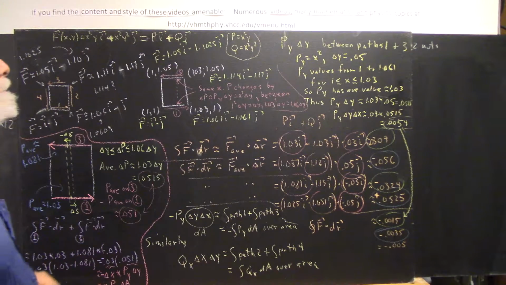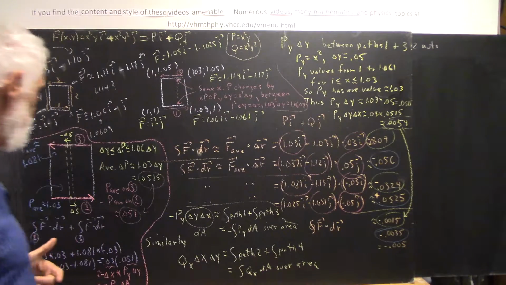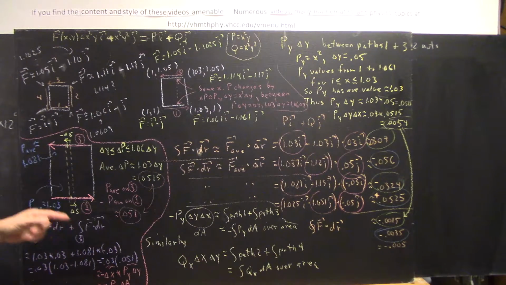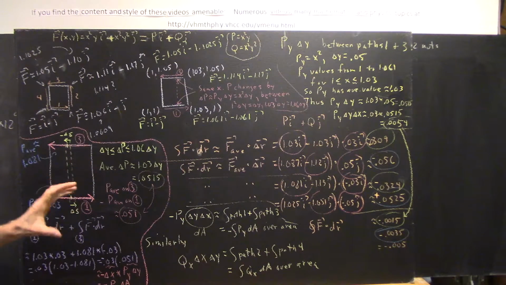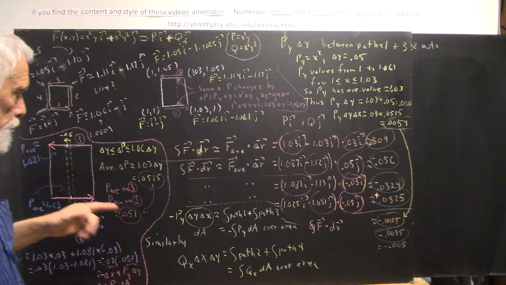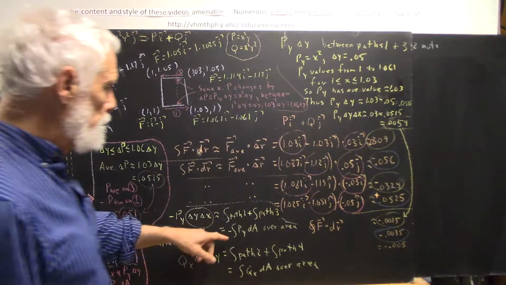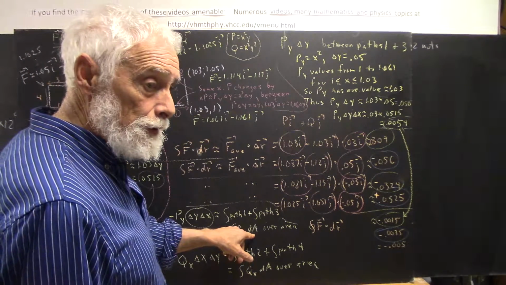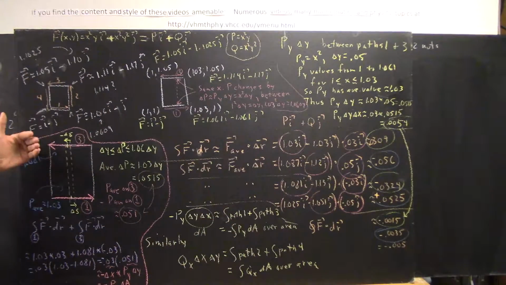Now we see that the contribution to the total integral due to this path and this path, the two paths in the x direction, parallel to the i vector or in the direction opposite the i vector, is just equal to negative py times the area over the region.